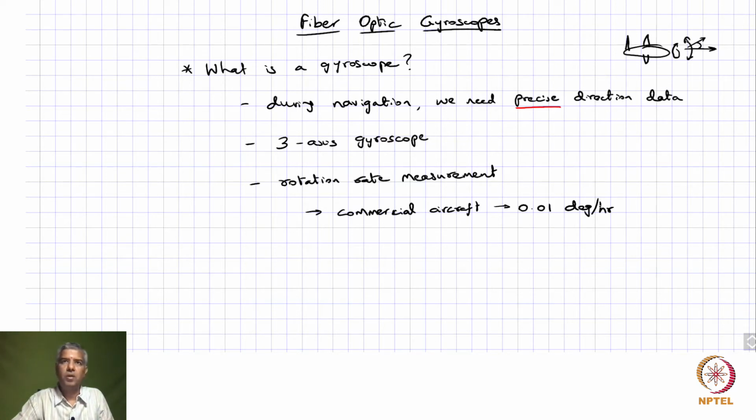Of course, if you talk about doing space navigation, so you're going to some other planet and so on, you might need precision that's an order of magnitude better than that, like 0.001 degree per hour type of thing. On the other hand, if you are looking at taking a very short flight, let's say if you're looking at a missile, right?